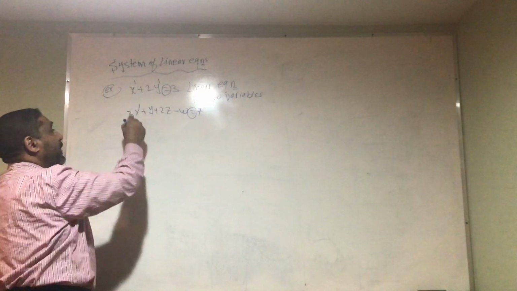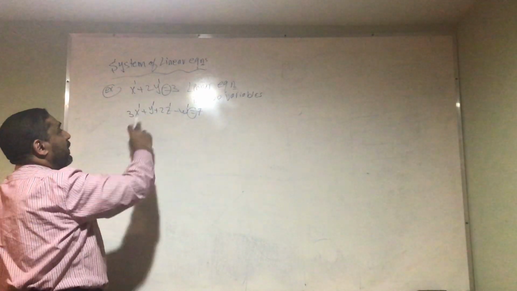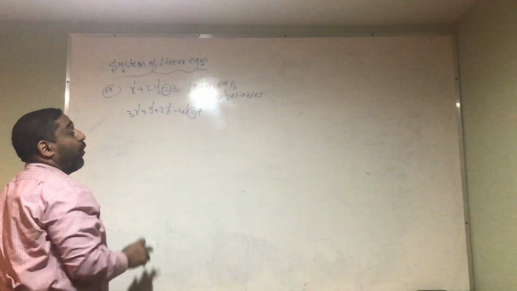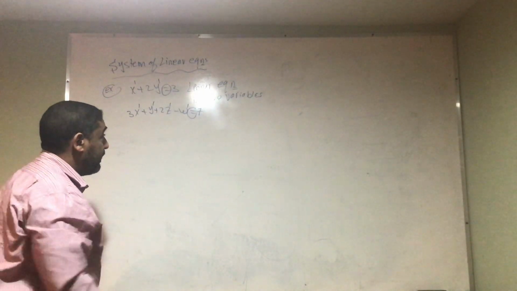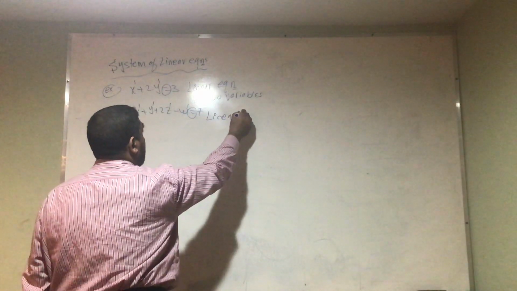What is the highest power here, guys, for each one? Just 1. X to the power 1, y the highest power 1, 1, 1. All of them must be 1. So we call it linear equation in 4 variables.